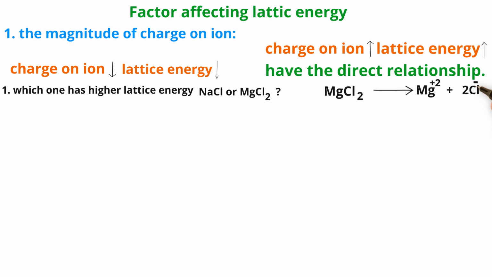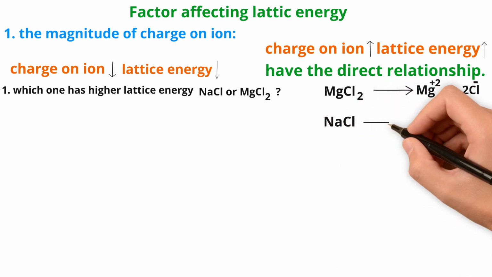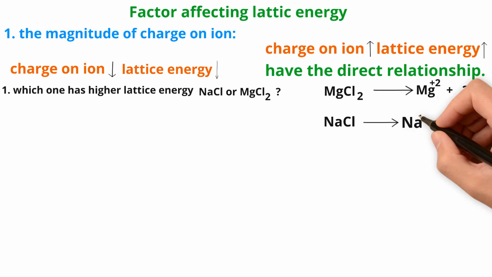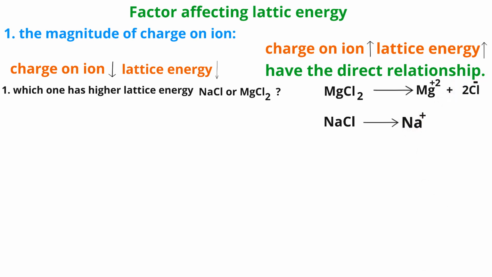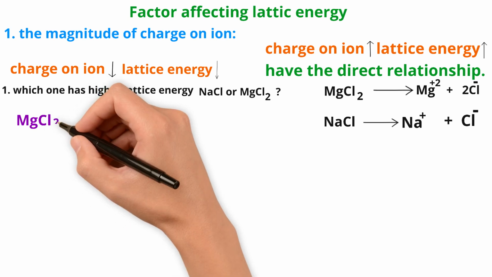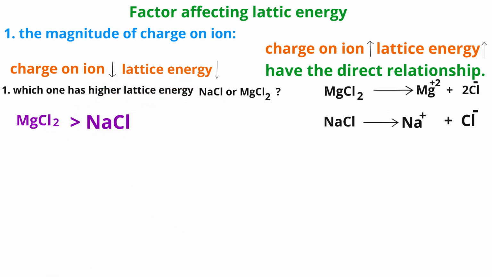But sodium chloride has plus 1 sodium ions and minus 1 chloride ions. Therefore, the charge on the magnesium ions is greater than the charge on sodium ions. Therefore, magnesium chloride has higher lattice energy than sodium chloride.